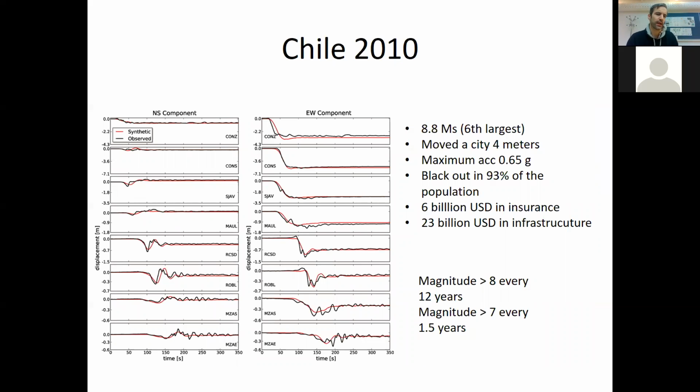And this is an interesting image. What we're seeing here is the GPS measurement for a number of cities in Chile.